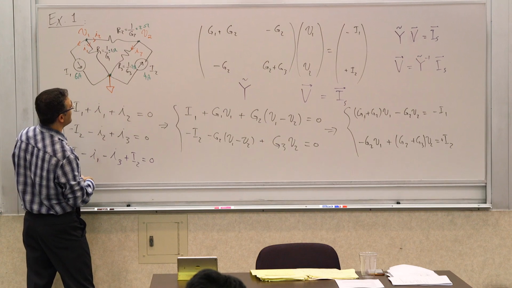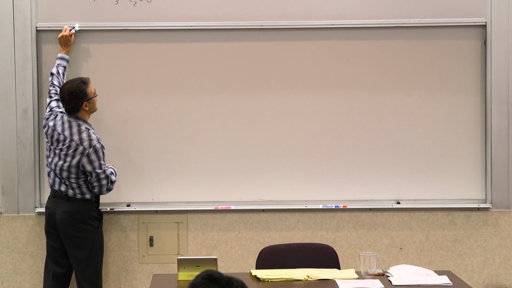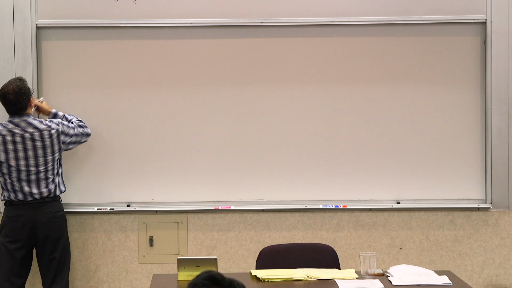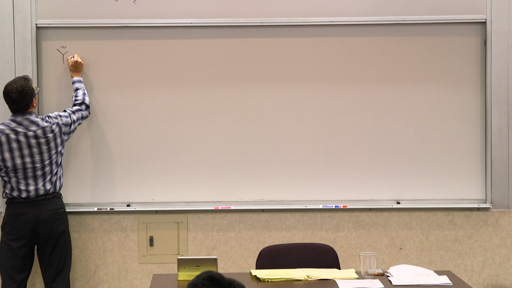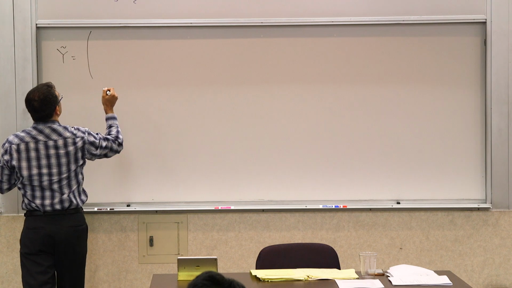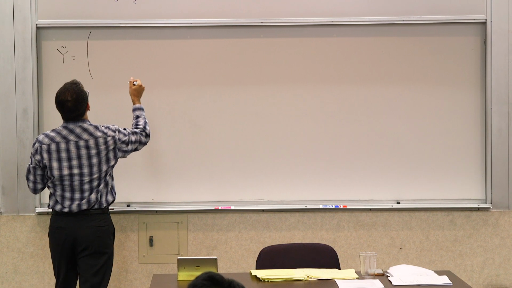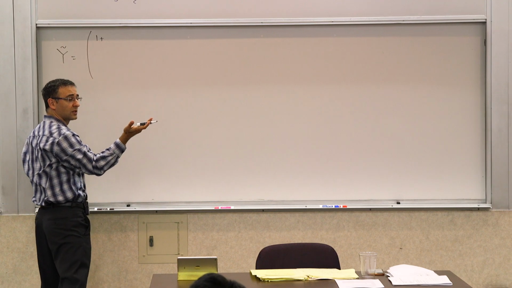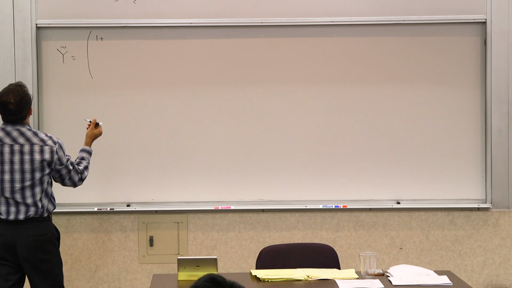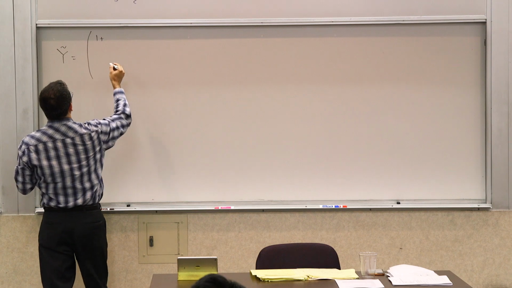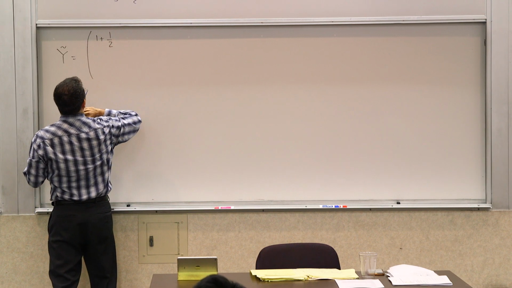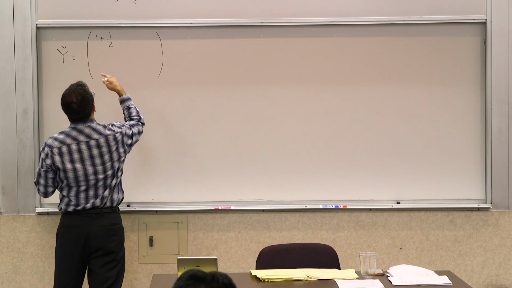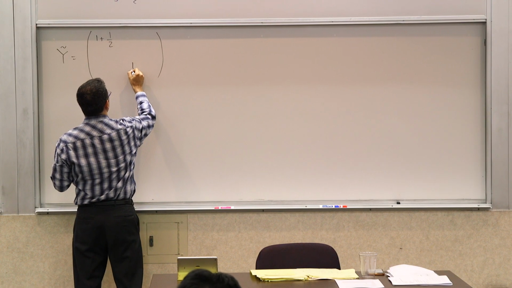So we have to rewrite the Y matrix now in numerical terms. The first term is G1 plus G2, where G1 is 1 over 1 ohm, or 1 Siemens, units of conductance is Siemens, and G2 is 1/2. The other diagonal term is going to be 1/2 plus 1/3, G2 plus G3.